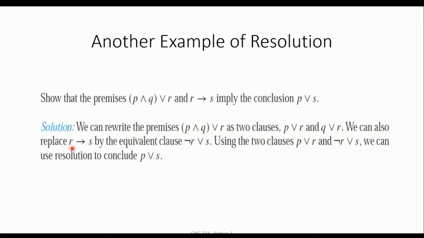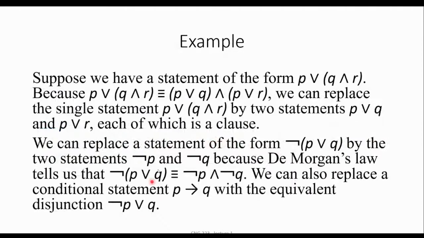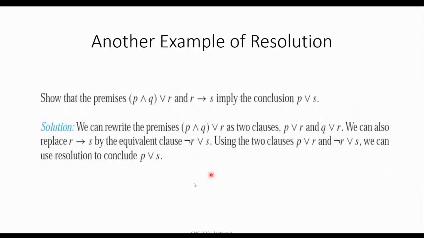And we can also replace R implies S by this equivalent clause. How do I know that these two are equivalent? For example, this is one application of what we mentioned here. So we should know about all the things that happened before in order to be able to build our building. That's how it works. We should start from the first little components in logic in order to come up with such equivalence, and one by one we can create it.